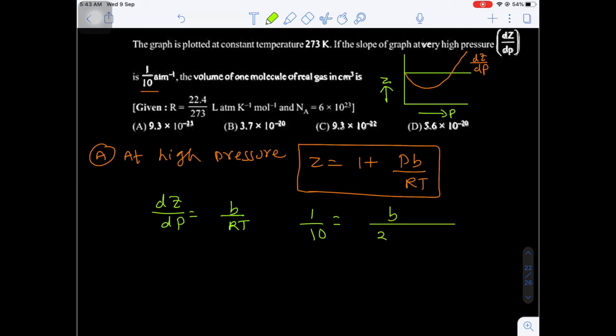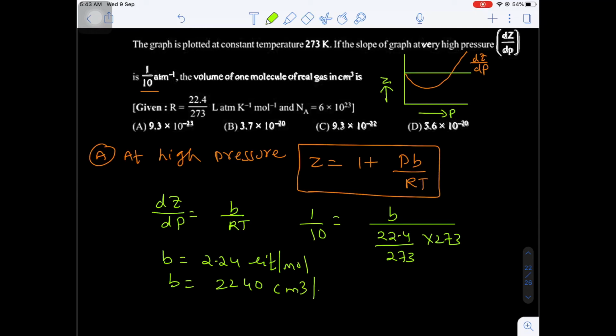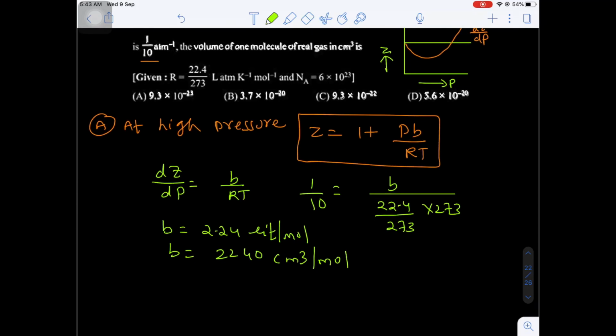What is the R value here? 22.4 divided by 273, and the temperature is 273 Kelvin. From here, the van der Waals constant B value you will get is 2.24 liter per mole. Otherwise, you can write the B value as 2240 centimeter cube per mole.